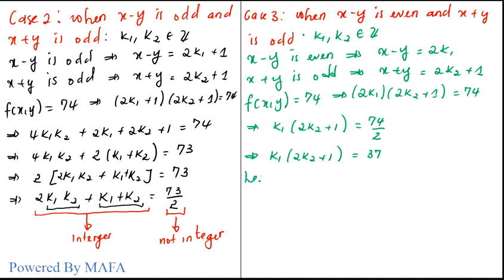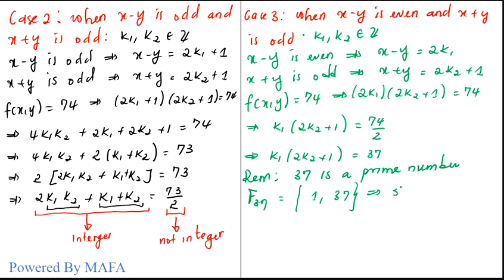So let's remember something. 37 is a prime number because the factors of 37 are simply 1 and 37, which therefore means that 37 can be written as 37 times 1 only, or 1 times 37.